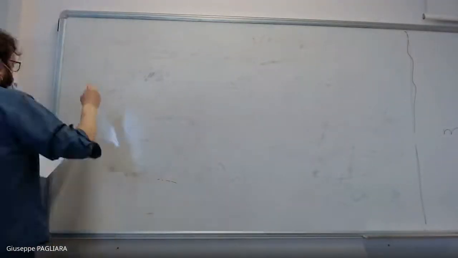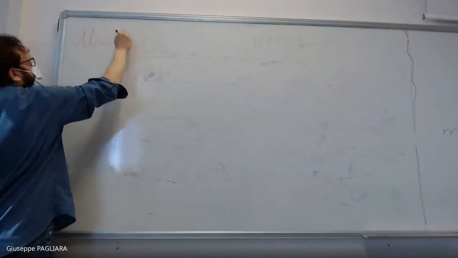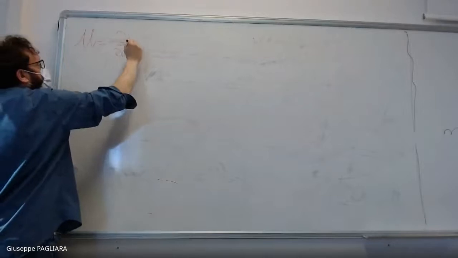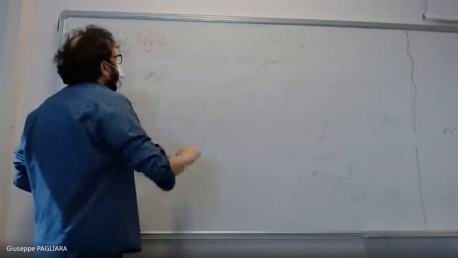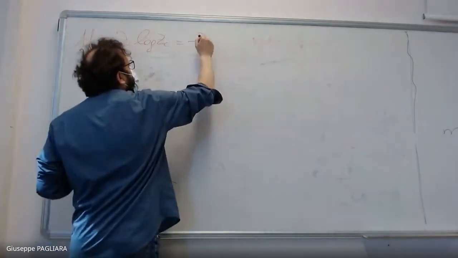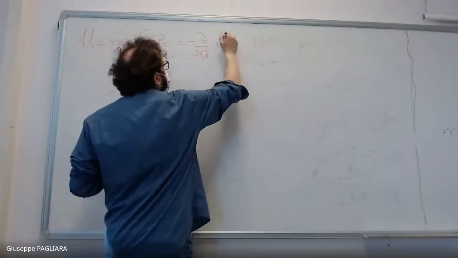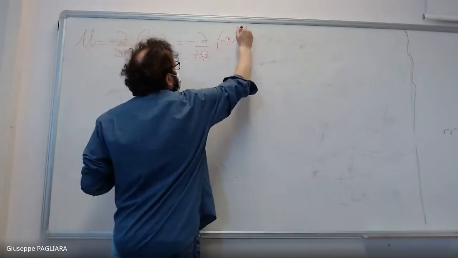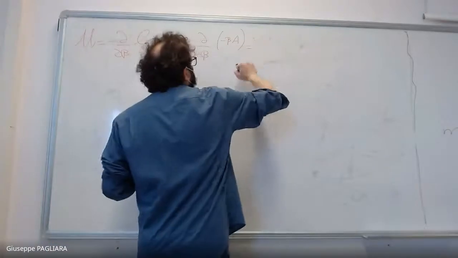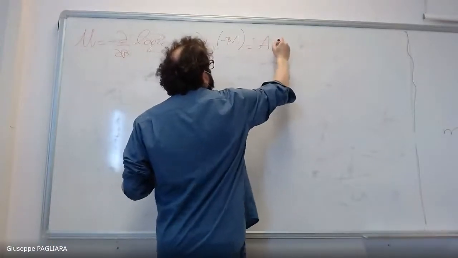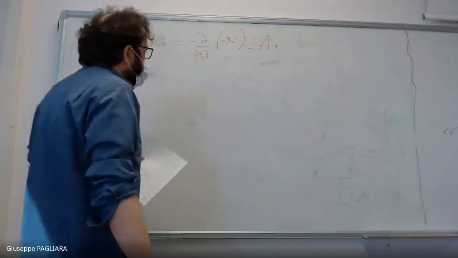So for the internal energy, I have to take minus the derivative of the log of Z with respect to beta, which is minus the derivative with respect to beta of minus beta A, which is equal to A plus beta times the derivative of A with respect to beta.